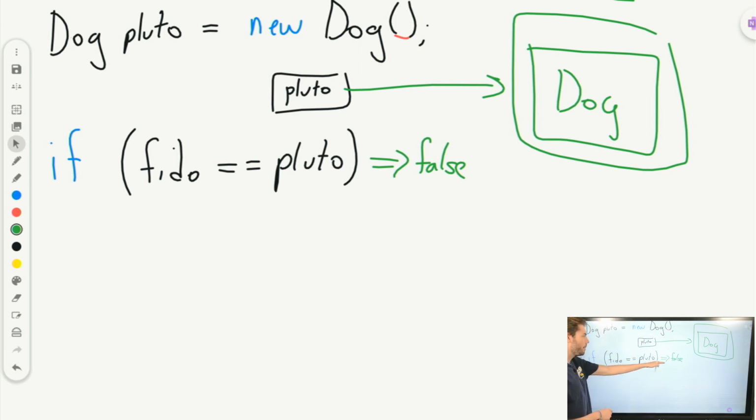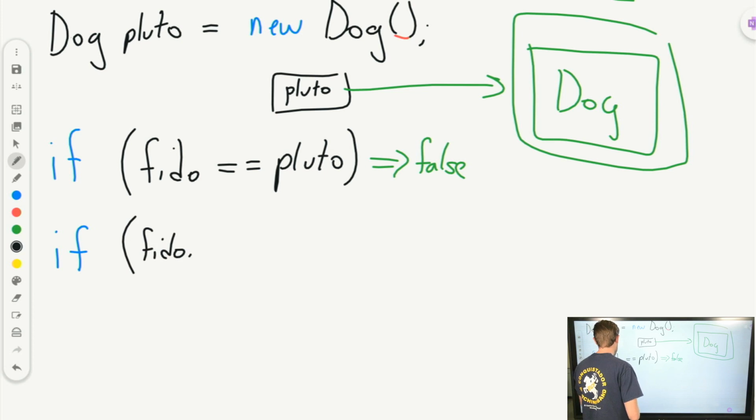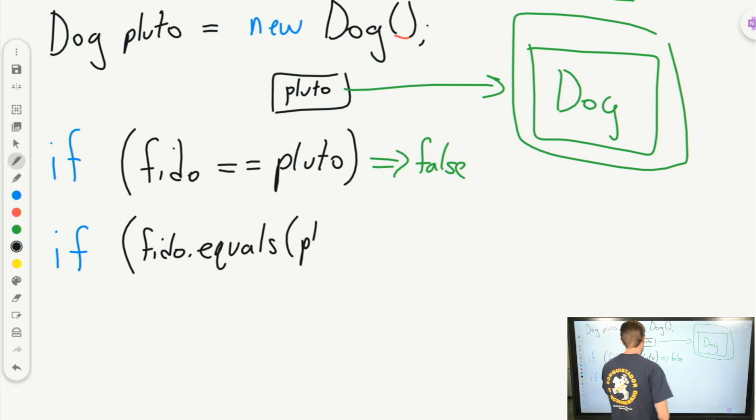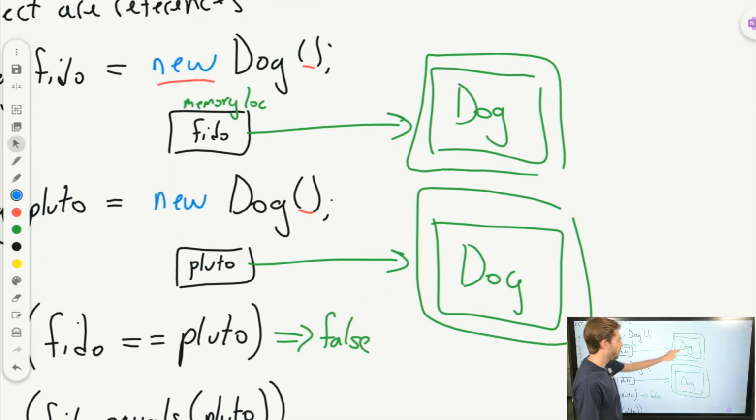So to get around this problem of checking whether or not Fido equals Pluto, I would say this: if Fido dot equals Pluto, now it's going to look at the actual contents of these two boxes. And since both of them have a dog, and in this case we haven't given those dogs any information, the information in them is going to be exactly the same because it's the default dog.